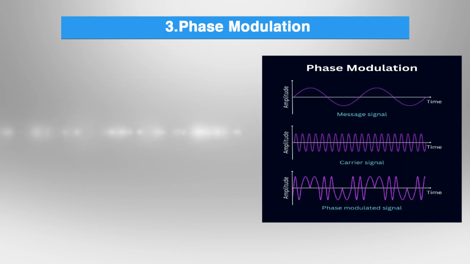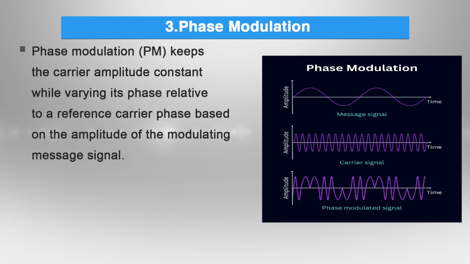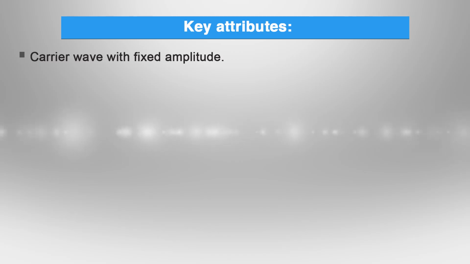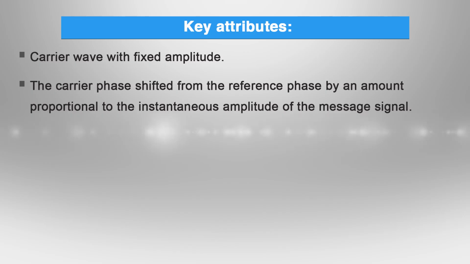Third one is phase modulation. Phase modulation keeps the carrier amplitude constant while varying its phase relative to a reference carrier phase based on the amplitude of the modulating message signal. Some key attributes are: it is a carrier wave with fixed amplitude. The carrier phase is shifted from the reference phase by an amount proportional to the instantaneous amplitude of the message signal.